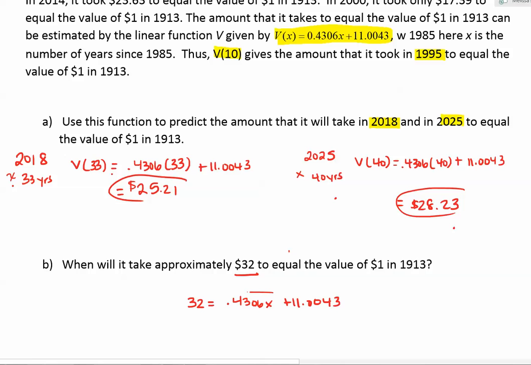You begin by getting the x term by itself, so subtract the 11.0043 from both sides of the equation. So 32 minus 11.0043 is 20.9957.